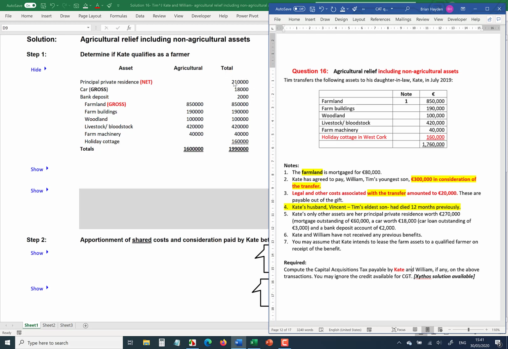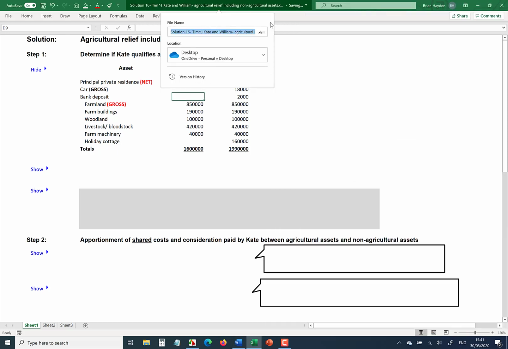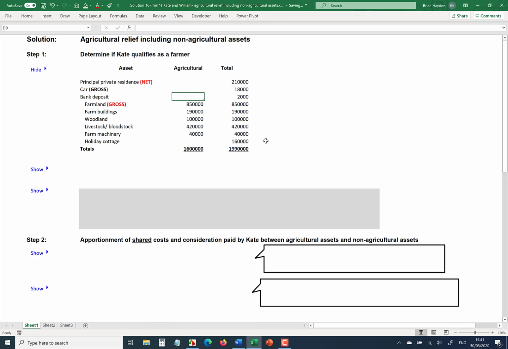So by reducing non-agricultural assets, it does help, and by not reducing the agricultural assets, it also helps. Okay, the car not being deducted is obviously not going to help her, but the deduction for mortgage on her PPR is significant. So the calculation comes in as 160 out of 199. So she qualifies as a farmer.